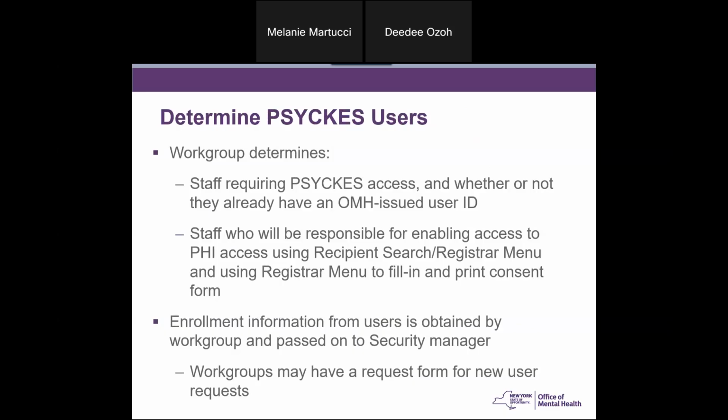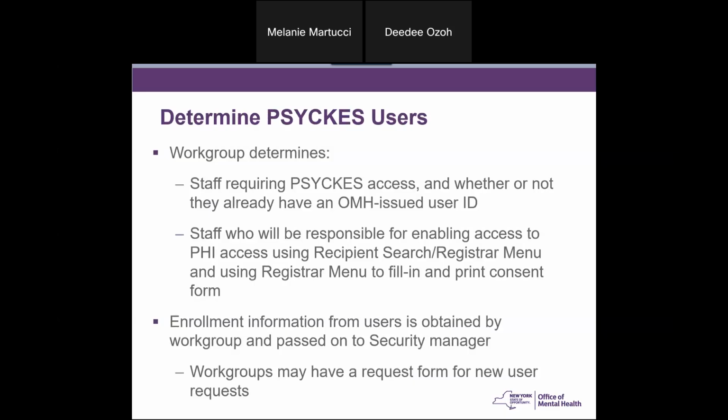So the work group can determine the staff that will require PSYCKES access and whether or not they already have an OMH-issued user ID. And then staff who will be responsible for enabling PHI access, which you can do by using recipient search or the registrar menu.